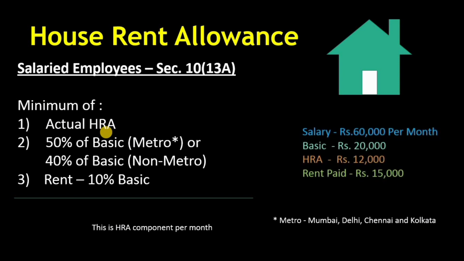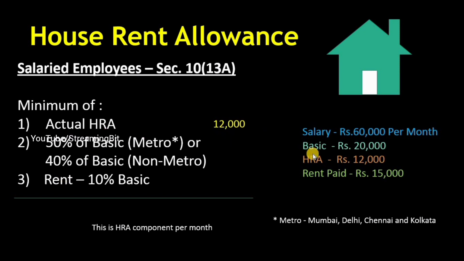Suppose an individual is earning 60,000 per month, and the basic is 20,000. HRA received is 12,000, but that individual is paying 15,000 rupees per month as rent. So we'll calculate using these three things.